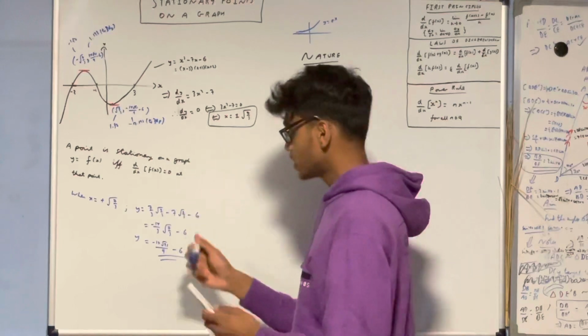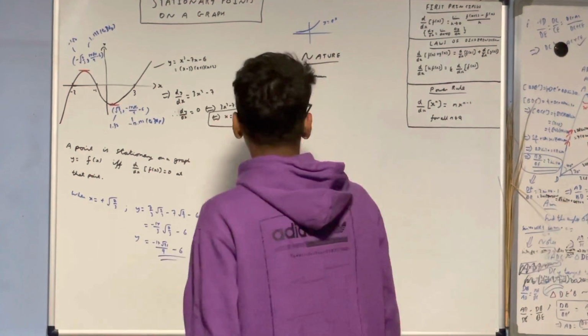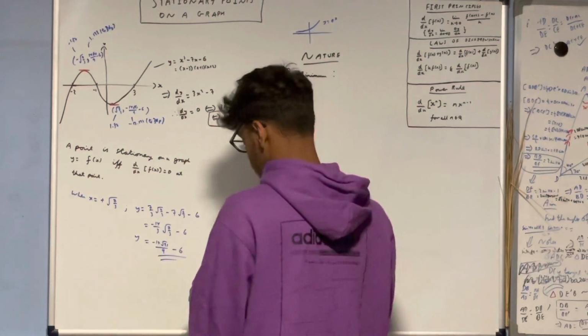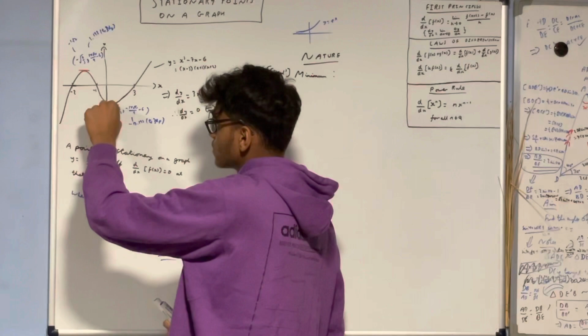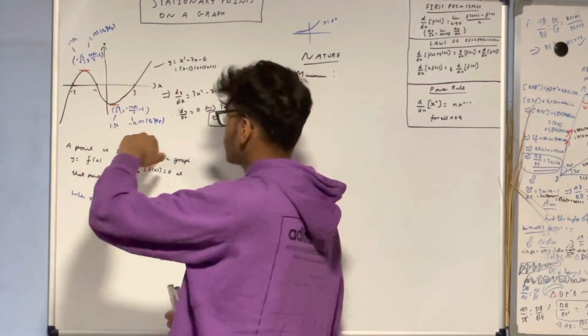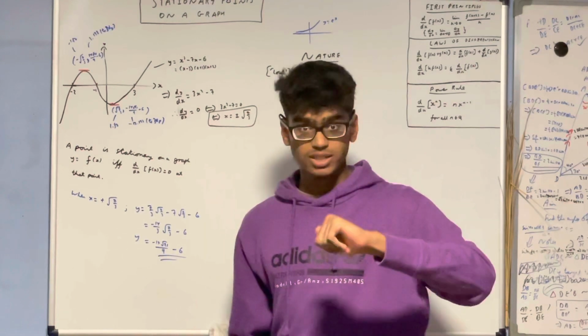So this value here is known as a minimum, and to work out the nature of a local minimum point, you can see that to get to a stationary point, the derivative of the graph at that point has to be 0, correct?